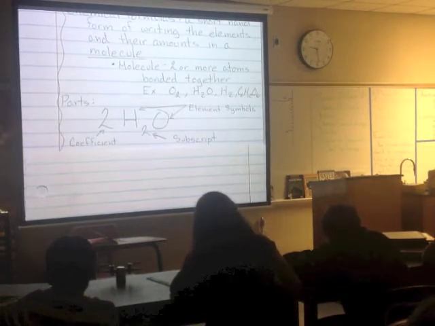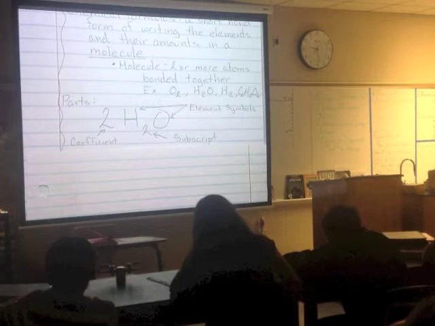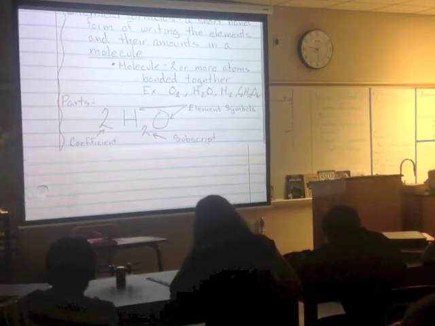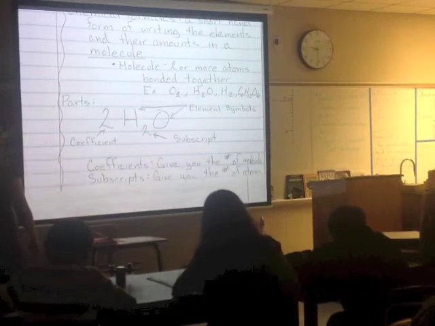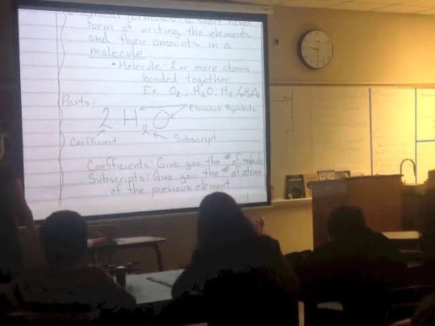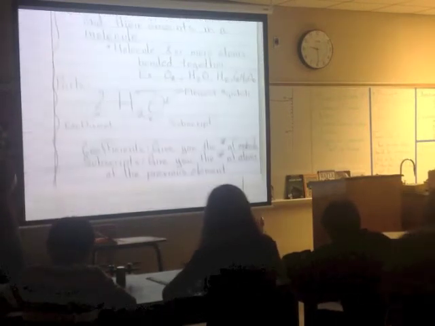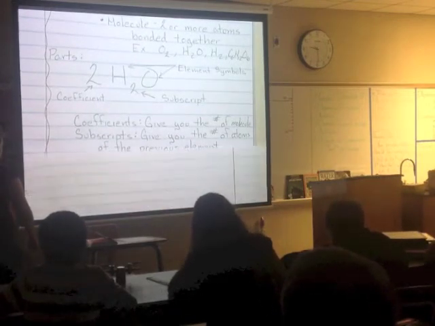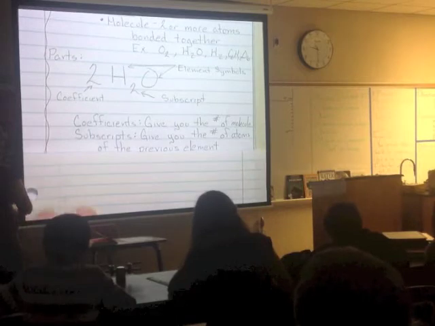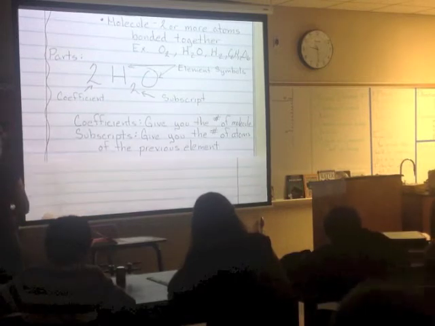So element symbols are always there. But you could have coefficients and you could have subscripts. And those two represent 2 different things. Coefficients represent the number of molecules of that chemical.